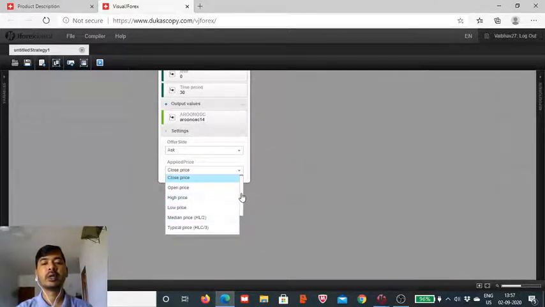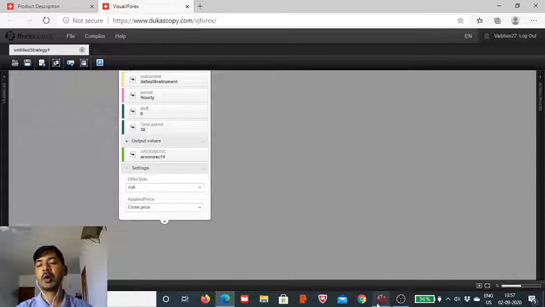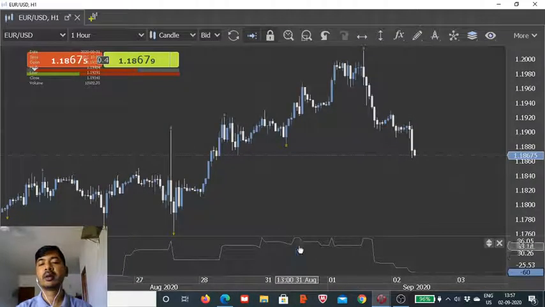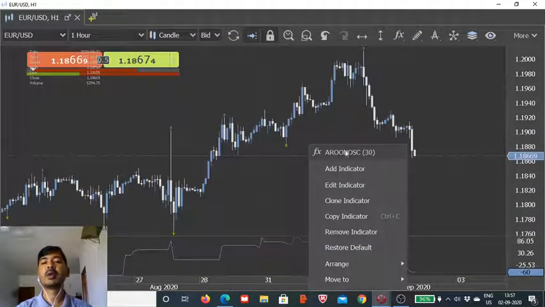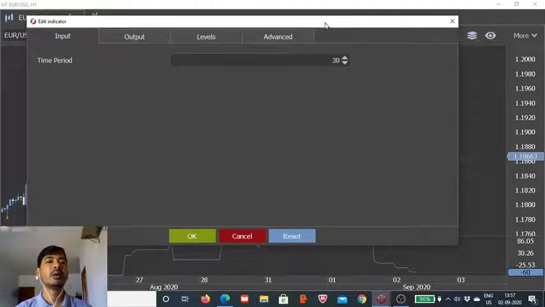So you have these options to define the input parameters for the indicator block of AROONOSC. You can see what is the best combination by trying out those editing options here.